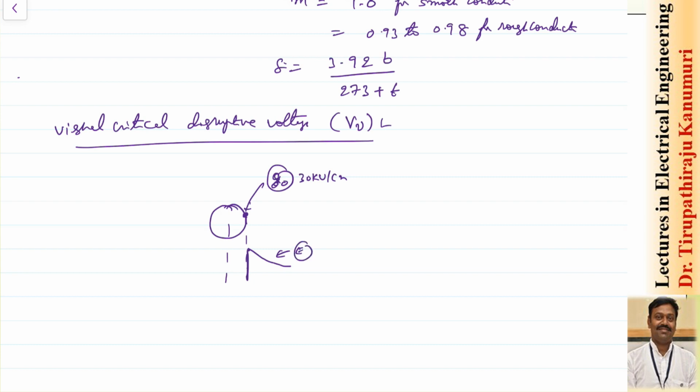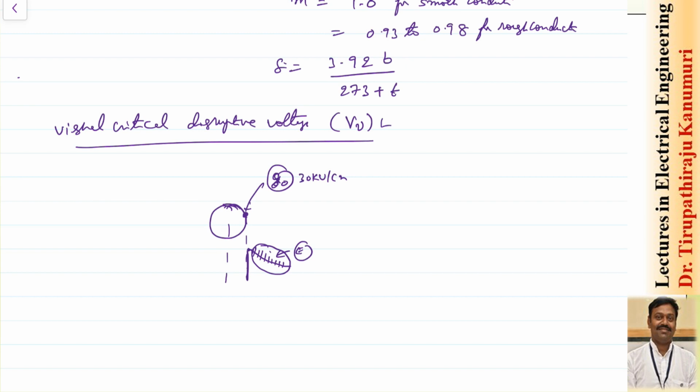So a minimum of 30 kV per centimeter is required. If 30 kV per centimeter is only on the surface, corona will form, but only in a small layer. The charge carriers will start moving, but they cannot get sufficient energy, because outside this region the potential or the electric field is less. So they will not get sufficient energy to dislodge more charges and form the corona.